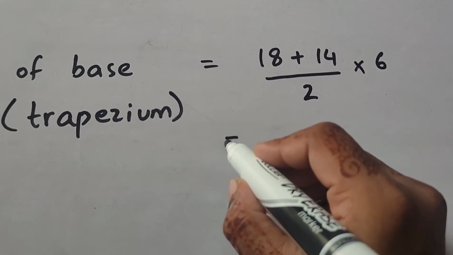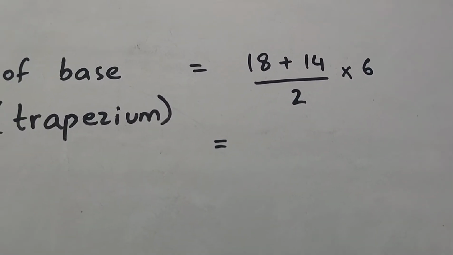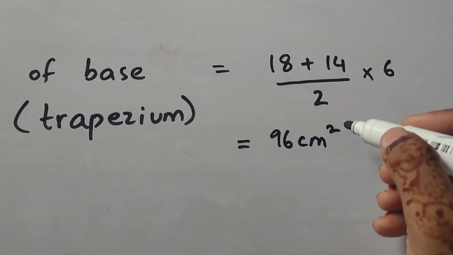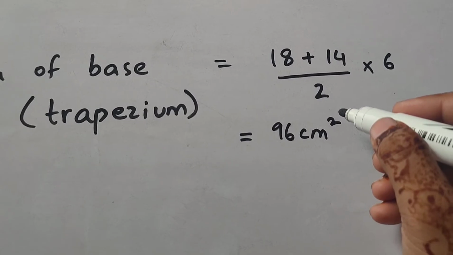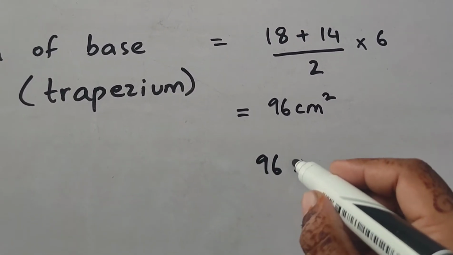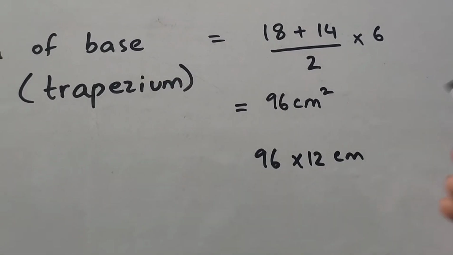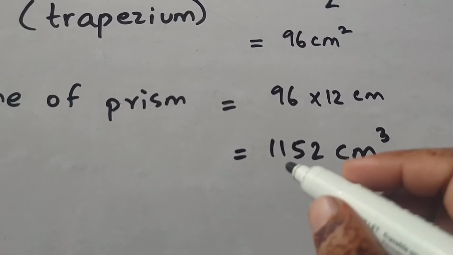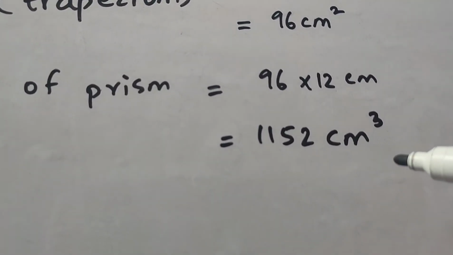So the area of the base is 96 centimeter square. Right, students? And then we have a height of 12 centimeter. So we'll simply multiply this 96 to 12 centimeters. And the volume of the given prism is 1152 centimeters cube.